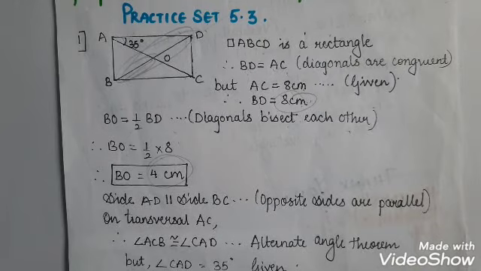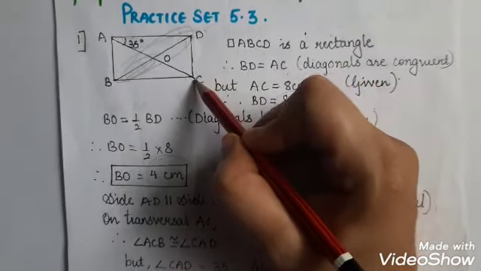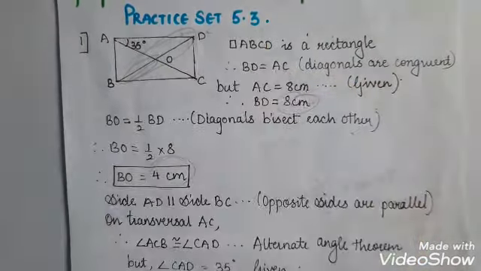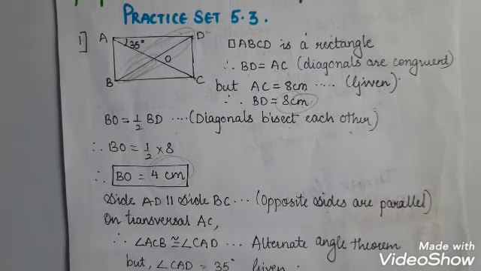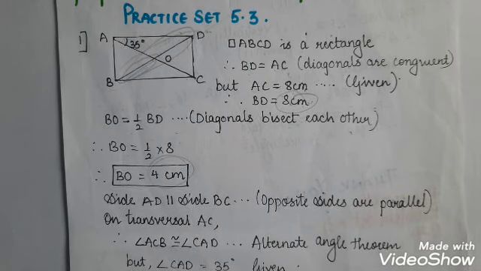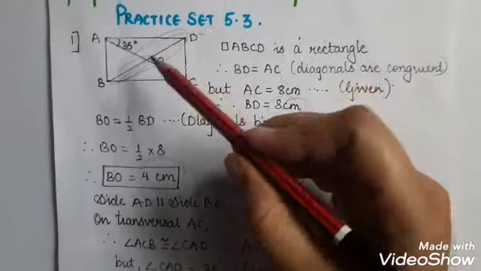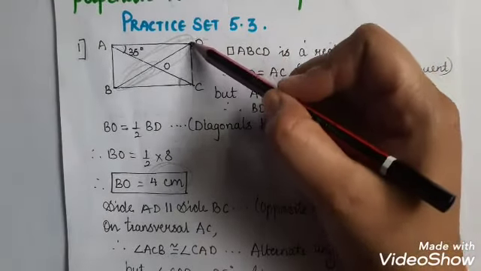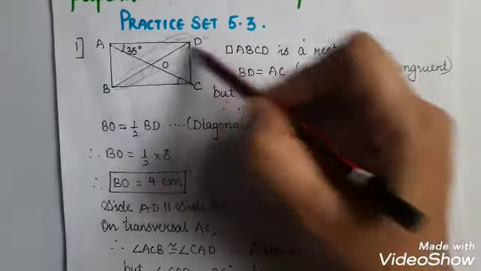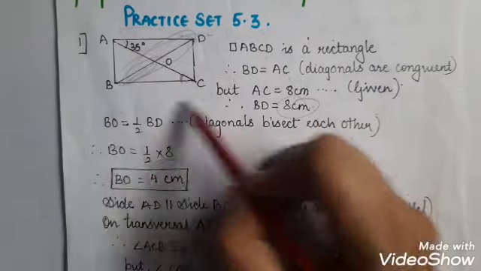Now, the measure of angle CAD is given to us as 35 degree. Right? And we have to find the measure of angle ACB. Now, if you see DAC or CAD and ACB, they form a Z formation.